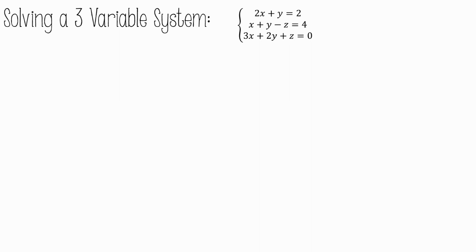My suggestion here is, since z is missing in equation A, I'll label these again, A, B, and C. You can number them with numbers instead of letters, but I find that that gets a little confusing and sometimes gets merged into the system, so I don't suggest that.